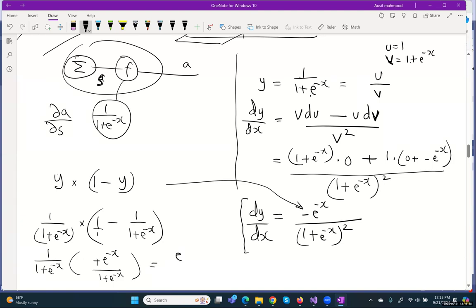Did I make a mistake? Somehow I'm getting a sign that is not coming out correctly. Where did I make a mistake?